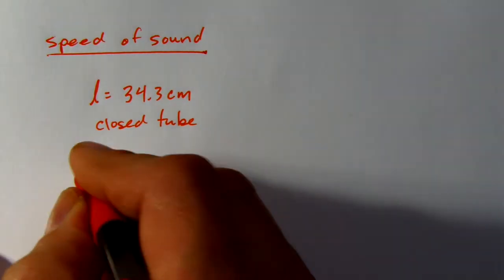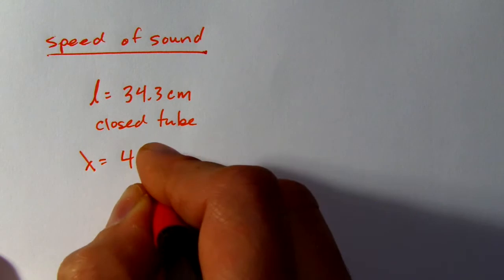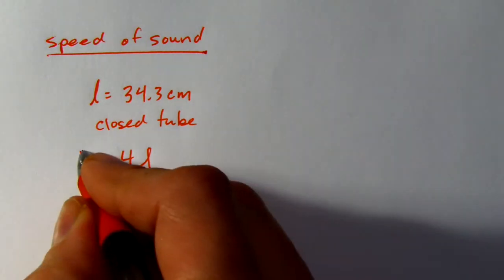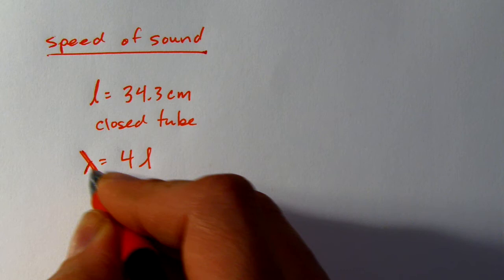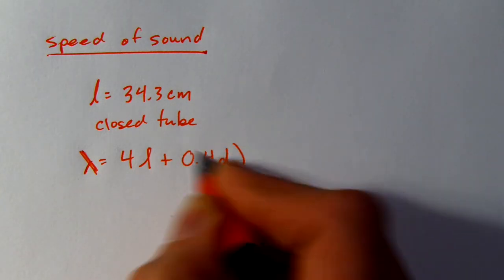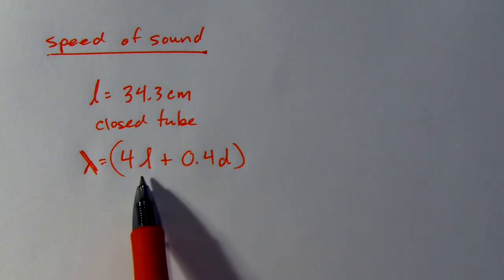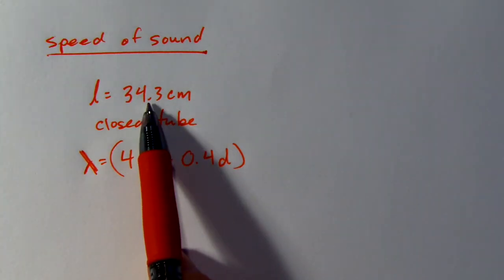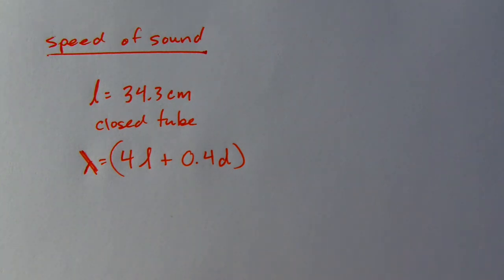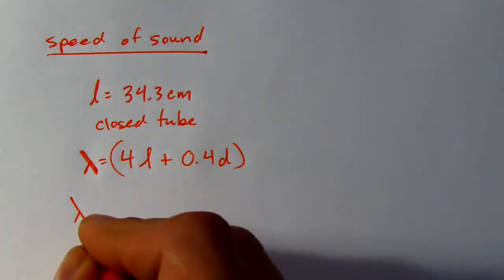Then we know that lambda isn't just 4L, right? We actually have to make some accommodations for the diameter of the tube. So the resonant sound length, where it howled, was actually this situation. It's basically 4 times 34.3, but don't forget your diameter here. Be careful to make sure that your centimeters and meters are correct. Okay, so now we have this wavelength, experimental.